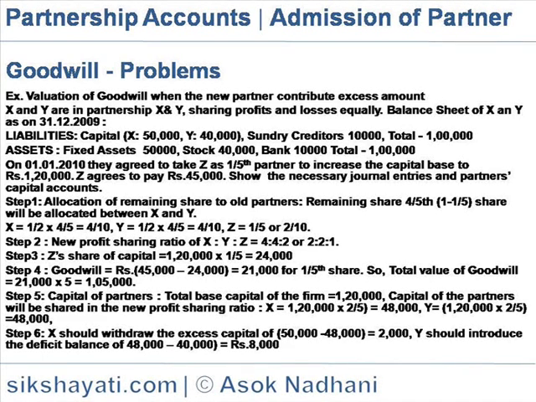So X should withdraw the excess amount, that is 50,000 minus 48,000, that is 2,000, and Y should introduce the deficit to make it 48,000. So Y introduces 48,000 minus 40,000, which is 8,000.